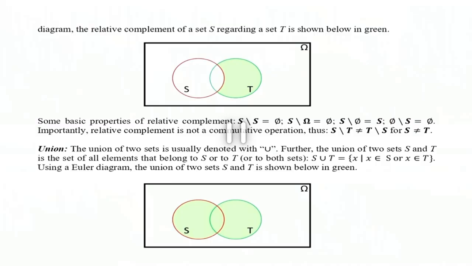What if I want to talk about another property? When you study relationships between sets, we could talk about union, we could talk about intersection, and so on. We just talked about relative complement, but right now we want to talk about union. And what do we mean by union?